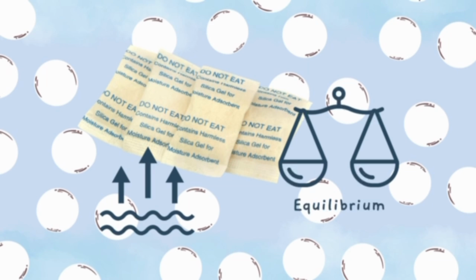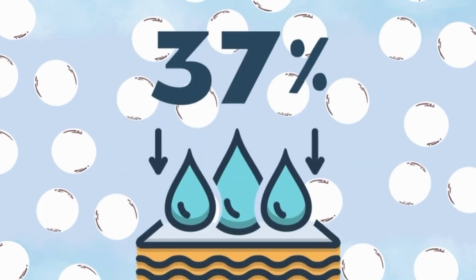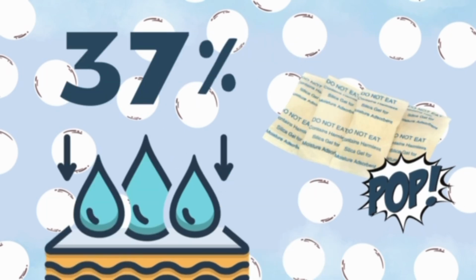Thus, the moisture absorption takes place until the cavities are saturated or have reached an equilibrium. Silica gel itself is able to absorb up to 37% of its own weight in moisture in food products. However, if it is exposed to enough water, some types of silica gel will pop because of the breakage of the silica spheres when contacting water.